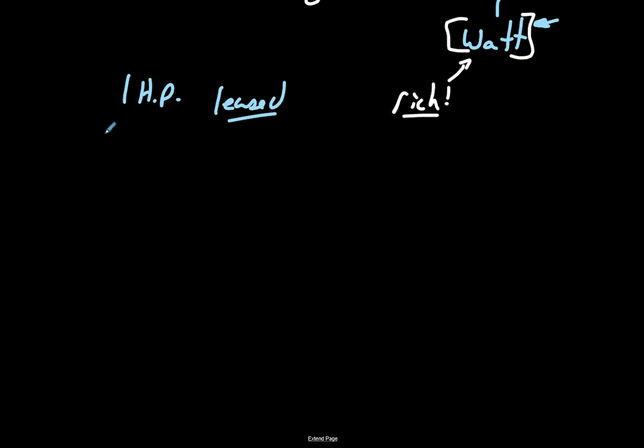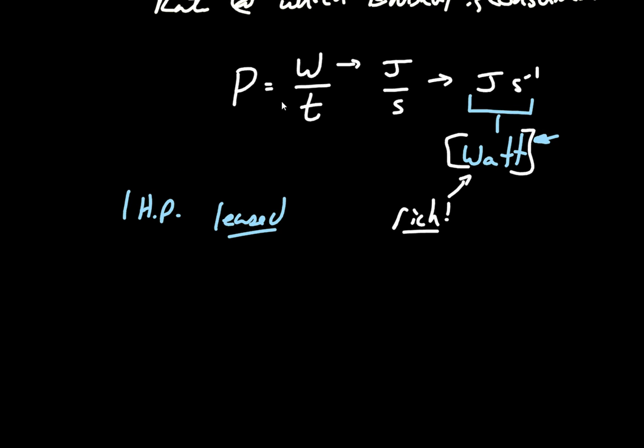That's the rate at which energy is used, and the equivalent that you might be more used to, especially if you're in North America, is the horsepower. It's a similar measure of energy usage. However, it's an imperial system rather than a metric.